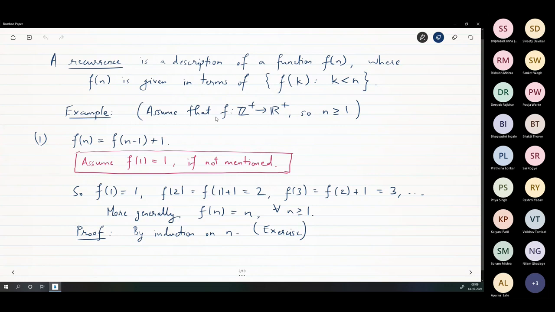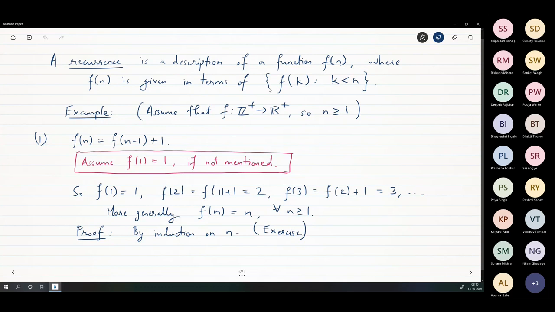So what is a recurrence? A recurrence is just a description of a function. f(n), the value at input n, is given in terms of f(k) for k less than n. All the previous values, f(n-1), f(n-2), f(n-3), up to f(1).